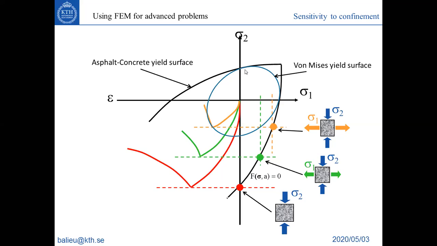So if you are in uniaxial tension according to the second direction, you are at this point. And if you are in uniaxial compression, so when you have a negative stress according to the second direction, you had the same value.